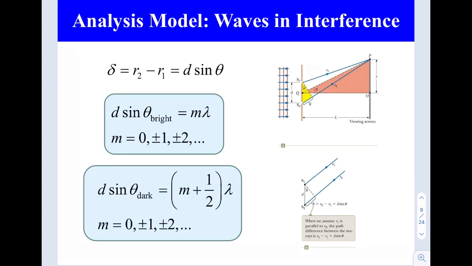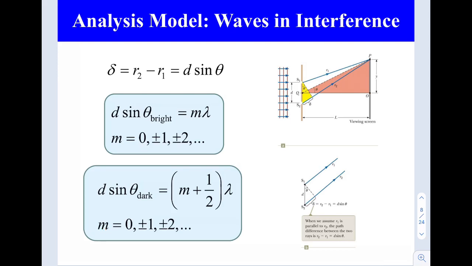For destructive interference or dark fringe, d sin theta is equivalent to, remember, order of half wavelength, so m plus half times lambda. Again, m is equivalent to 0, plus minus 1, plus minus 2. For bright fringe, when m is equivalent to 0, it is known as the central maxima, or bright fringe.